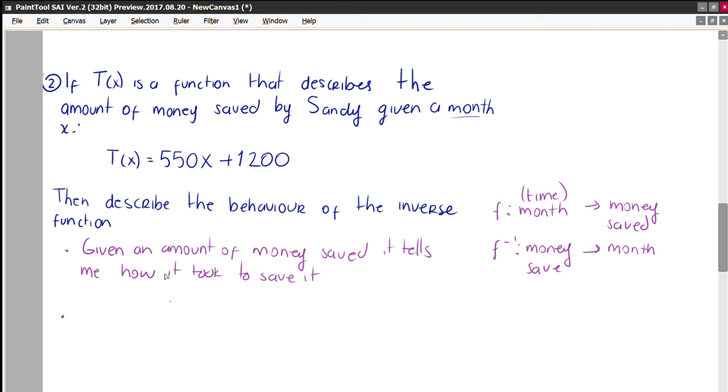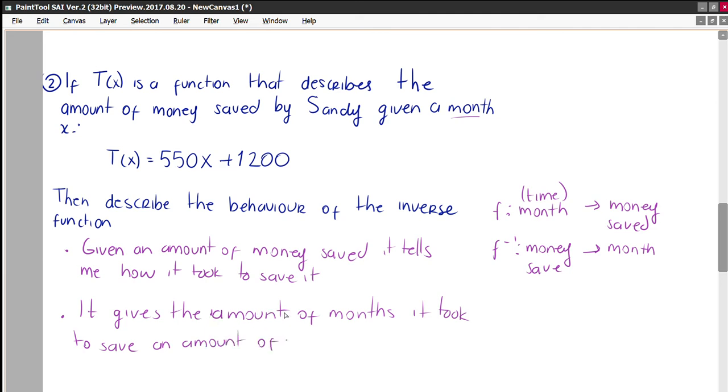Another way to look at it is it gives the amount of months it took to save an amount of money. Same implication, different ways to write it.